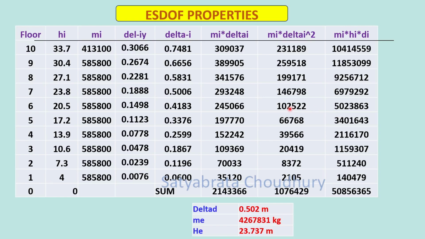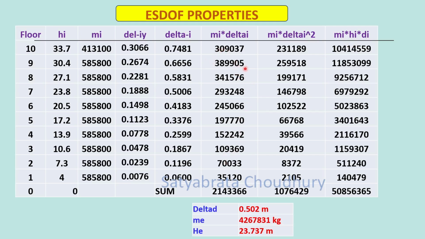Now we find the equivalent single degree of freedom system properties. For that tabulation we have discussed in earlier videos. So height, mass, delta iy for the wall, the yield displacement of the wall, then delta i for the ith wall, then products mass into delta i, then product mass into delta i into delta i, and finally product MiHi delta i.